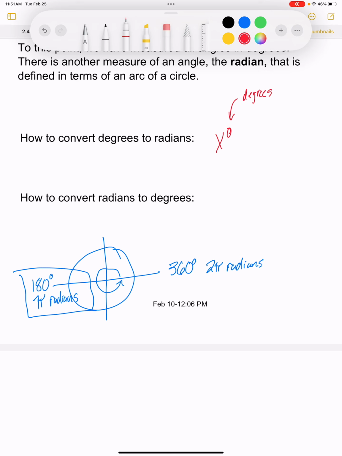So I want this to end up being in radians. Well, I'm going to write it as a fraction, and then I'm going to multiply it by something. I want degrees to cancel out, so I want degrees in the denominator. And what do I know about degrees and radians? I know 180 degrees is equal to pi radians. So the degrees would cancel out, and that would equal X times pi. So whatever X is, I'd multiply it by pi and then divide it by 180, and that would be radians.